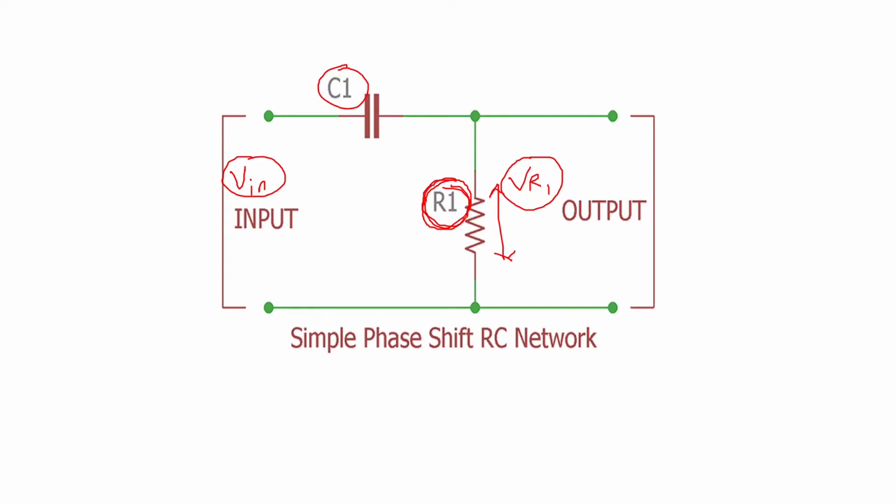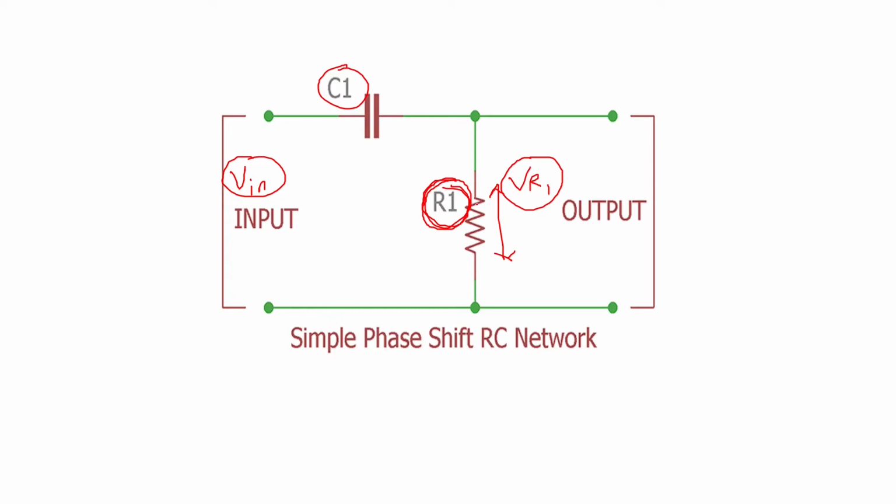Now, if you take R1 as 0, then it will become a short line. There will be no resistance, so there will be no voltage developed across it. Practically, this is not a workable concept, because when the resistance is 0, no voltage can be developed across it.